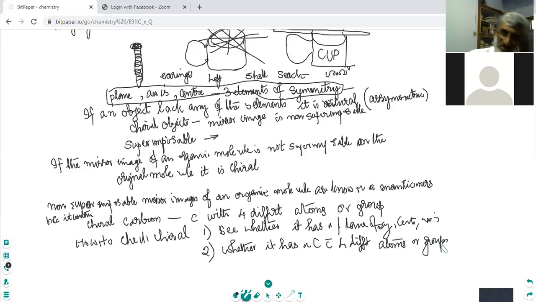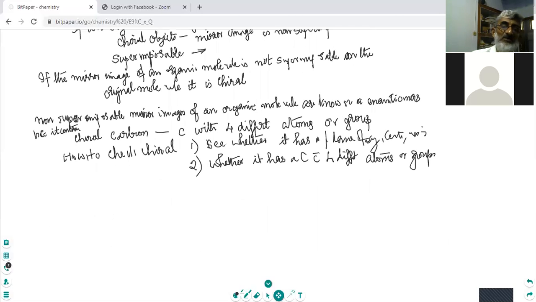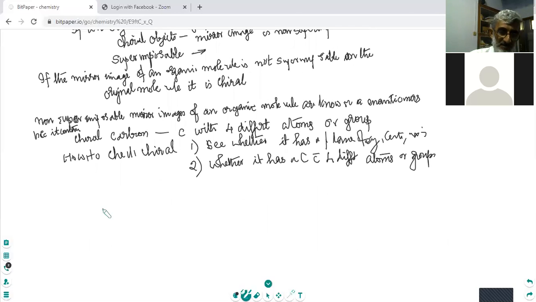This is how you can check whether a carbon is chiral or not. So once you have this, the compound is going to be chiral. And such chiral compounds will show optical activity.